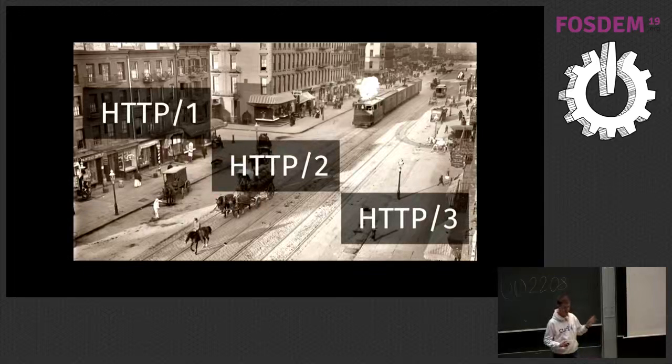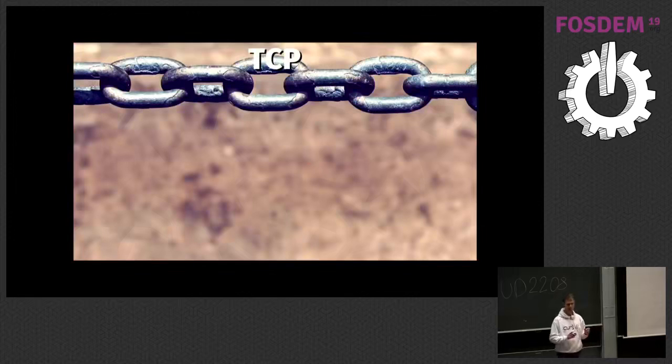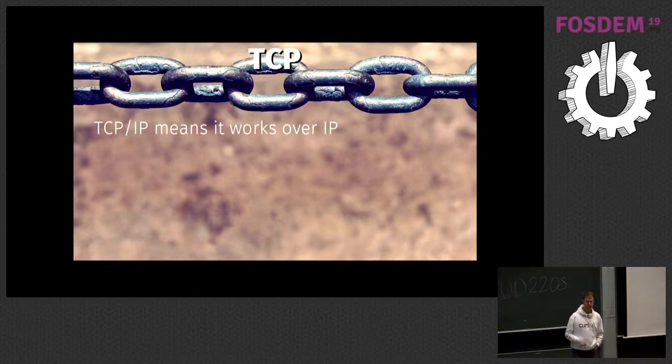3. Well, next. So HTTP started out done over TCP, or HTTP 1 is done over TCP. And I'm just going to remind you and use a little image here of a chain with links, because that's how I view TCP. It's basically network traffic, and you set up a connection between two endpoints and you send data.